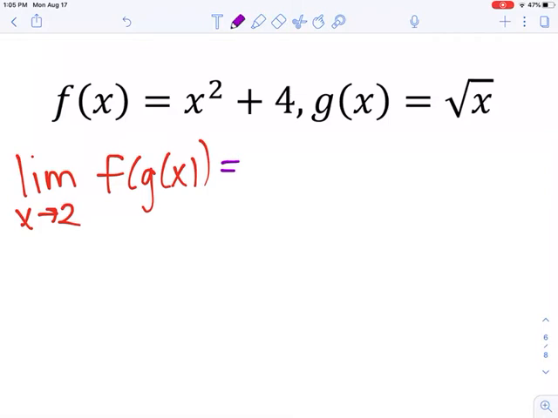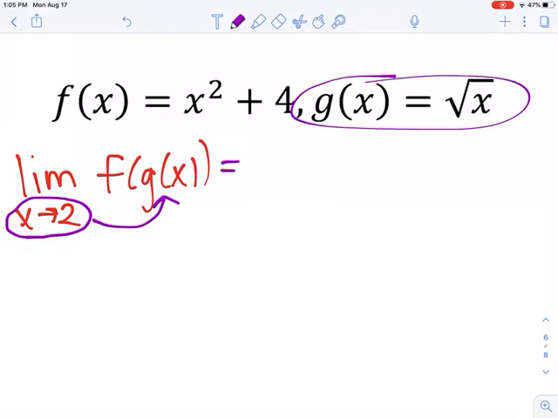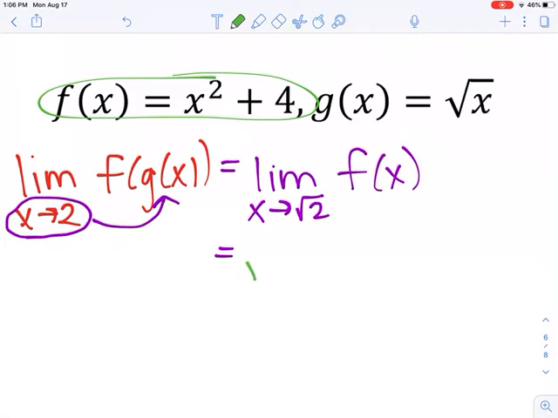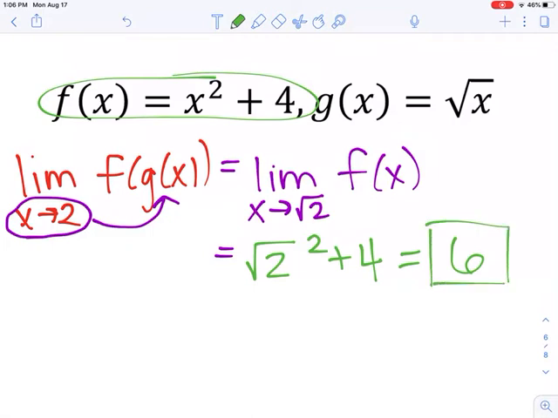The limit as x approaches 2 of f of g of x. First of all, if I take the limit as x approaches 2 of g of x using direct substitution, that would be radical 2. So now what I have is the limit as x approaches radical 2 of our outside function f. And in order to evaluate that limit, we can just use direct substitution with our function f. Throw in radical 2 for x, and we get 6.